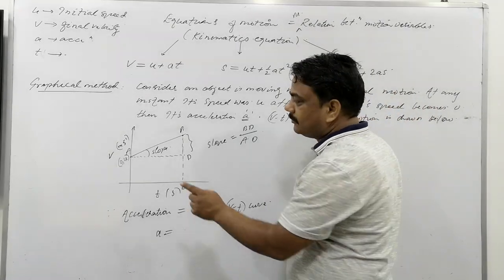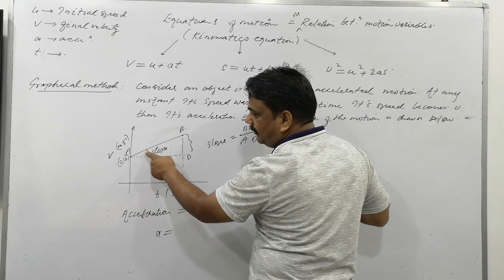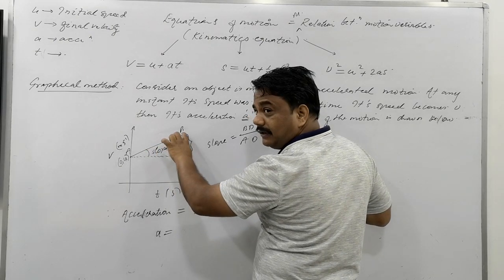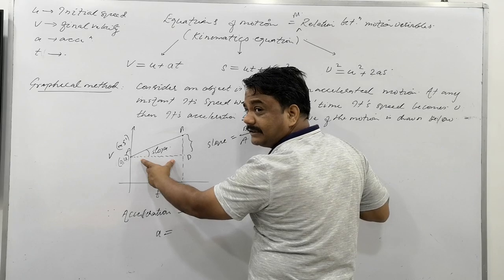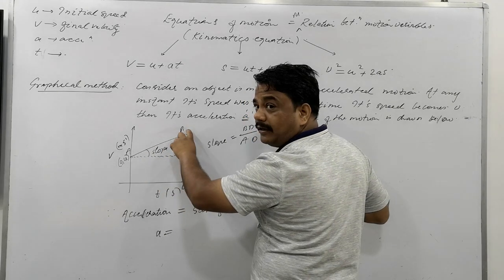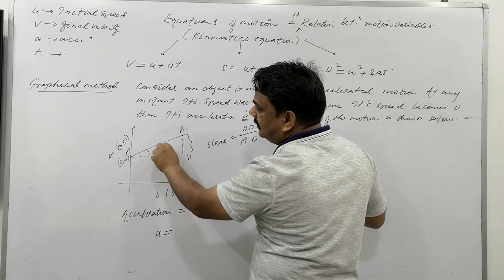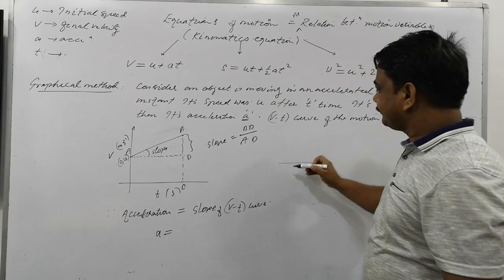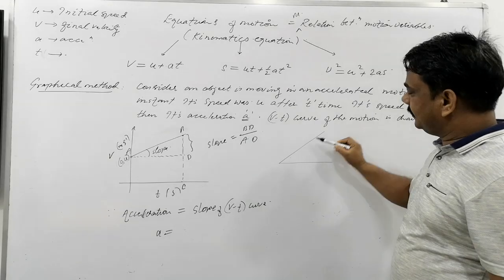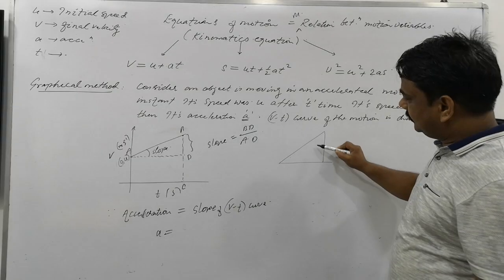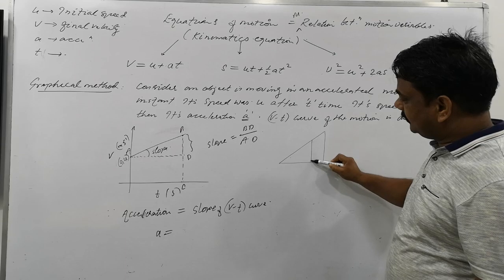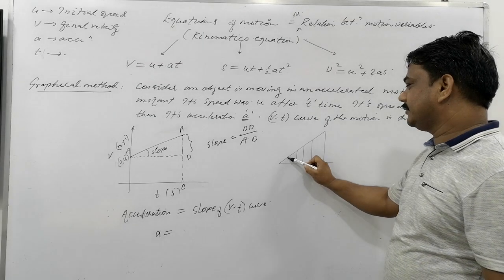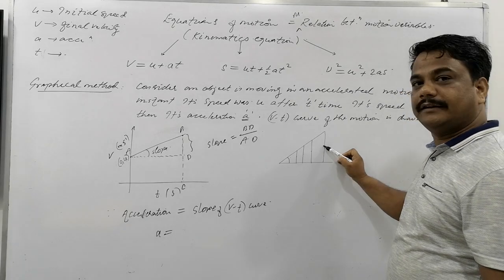Listen here. The slope of any curve is the side opposite to the angle upon the adjacent side. This is called adjacent. This is called opposite. The measurement of the slope is done by opposite side upon adjacent. Why am I telling this? Have a look. Here the slope is constant for all lines.